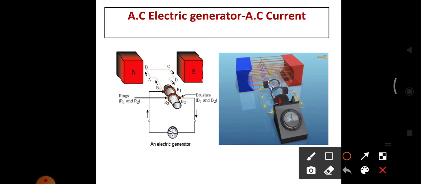The two rings R1 and R2 are internally attached to the axle. The axle may be mechanically rotated from the outside.